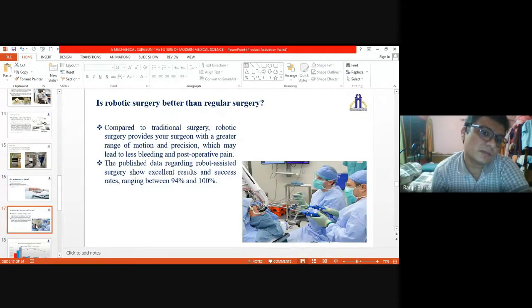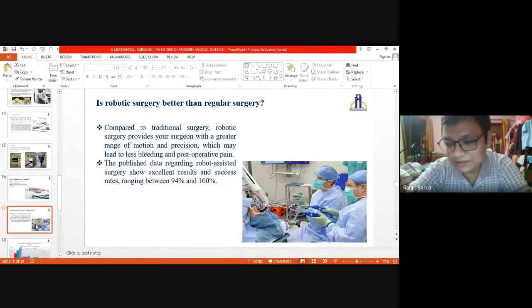Another question is, is robotic surgery better than regular surgery? Compared to traditional or conventional surgery, the surgeon has to be skilled. A robot can be used as a colleague because the robot has to be controlled by a human, meaning a biorobotics engineer and the surgeon's knowledge.